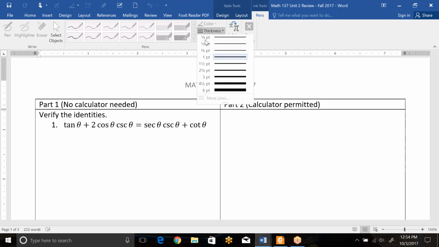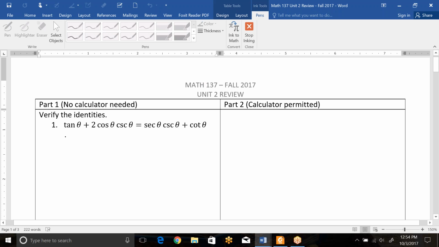So if we look at this and we think about tangent, tangent in terms of sine and cosine would be sine theta over cosine theta. And then plus 2 cosine theta times 1 over sine theta.